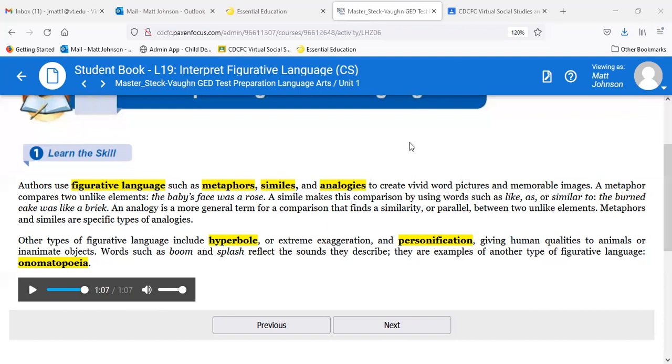We use these a lot in speech, and they're fairly commonplace. Here, a simile would be the burned cake was like a brick. It just throws in that extra element to discern between the two. Analogies, you'll catch me using analogies a lot, just comparing things, giving additional examples in that type of situation.